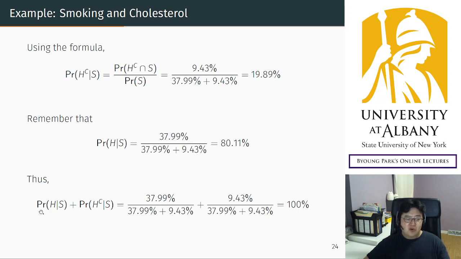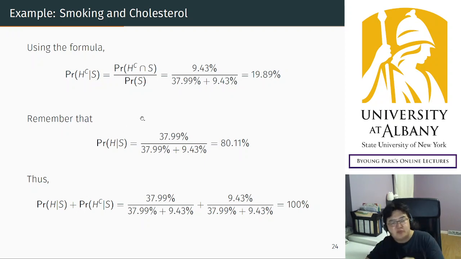So they sum to 100% by construction because their denominators both have the same condition, so they have the same denominator. The denominator is determined by the condition, so they have the same denominator, and the sum of their numerators is exactly the denominator. Because, think about this.